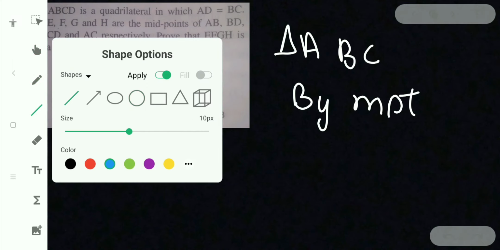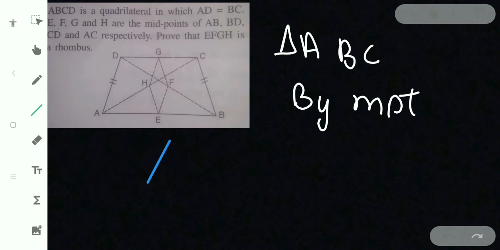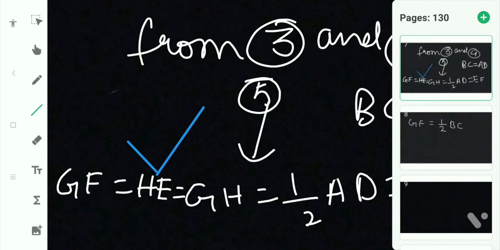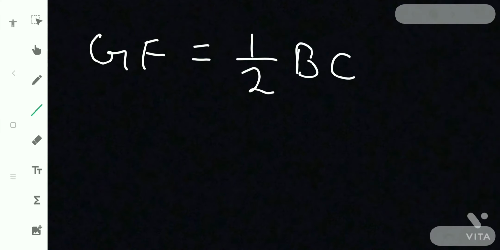So if you take that quadrilateral EFGH, like this.